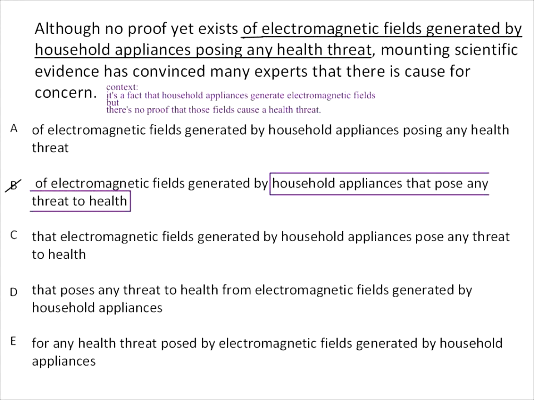So that's not correct. And then D would mean that the proof itself, because if you look at this modifier, there's a bunch of problems in this choice, but this would mean that proof poses a threat. So that's not going to make any sense either.